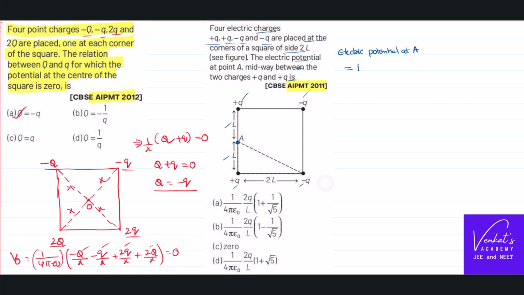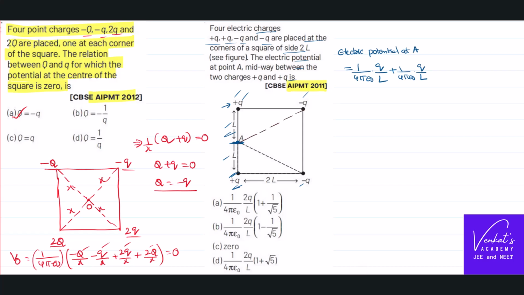So due to this plus Q, 1 by 4 pi epsilon naught, Q by L, because that is plus Q, this L is from here, it is L. Due to this plus Q also it is the same because the distance is the same, plus 1 by 4 pi epsilon naught Q by L. Now due to this minus Q, what is the distance?